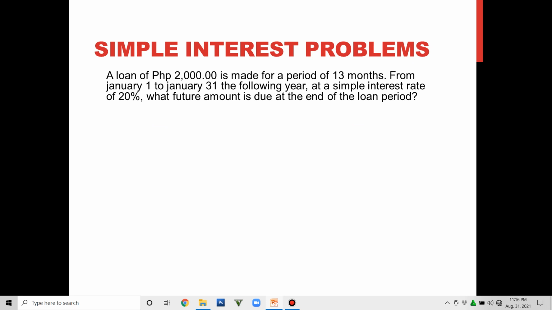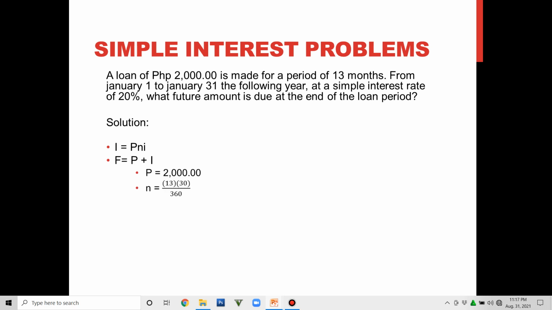Okay, so we assume that this is ordinary simple interest because it does not mention the date. Okay, so we treat this as ordinary simple interest. So I is equal to PNI, F is equal to principal plus I. The principal is 2,000 pesos.